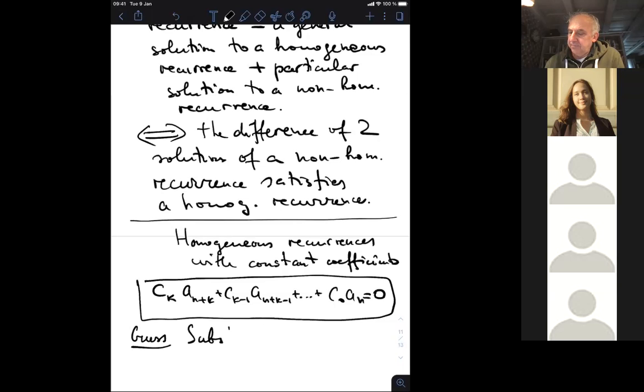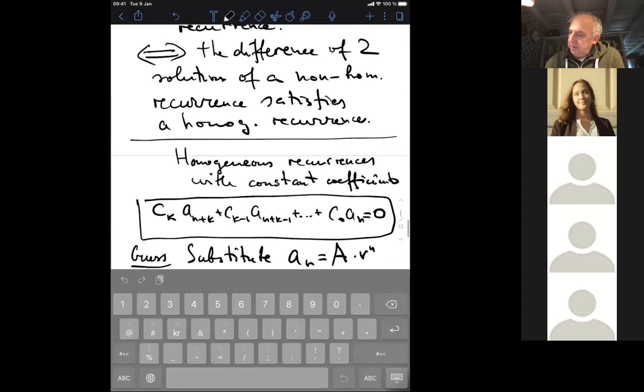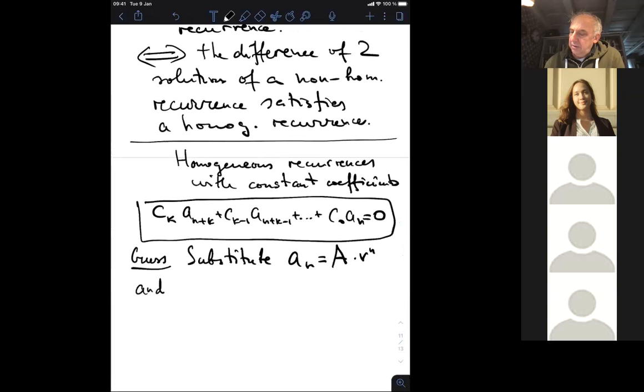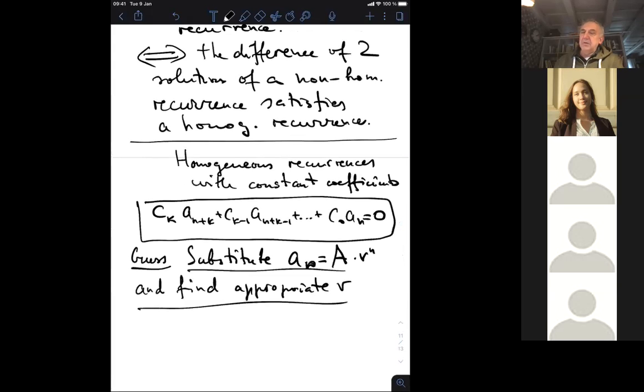So guess, substitute a_n in the form of some constant, say capital A, times r to the power n, and find appropriate r. So making this ansatz, we are substituting a solution in the form of a geometric progression.